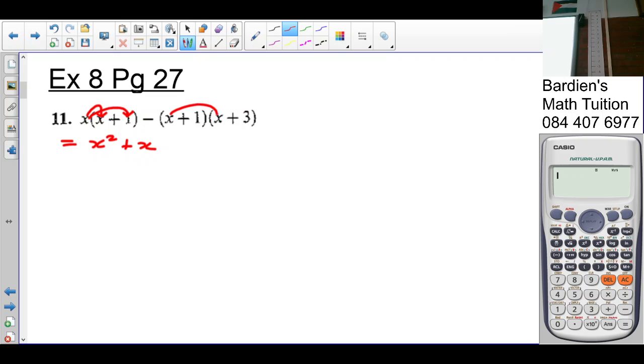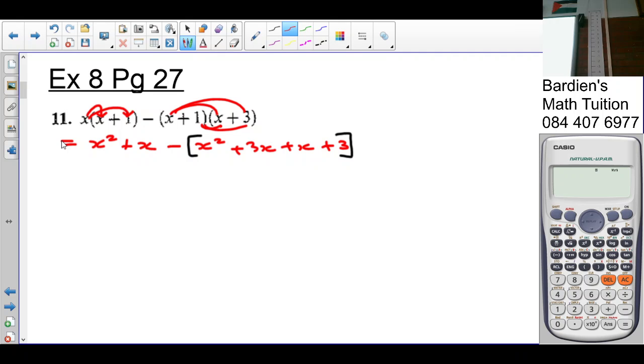Then we must multiply this bracket now. So I have negative x times x, x squared. x times 3, 3x. 1 times x, x. 1 times 3, 3. What must we not forget? Bracket. Why? Because of the negative sign. There's more than one term following a negative sign.